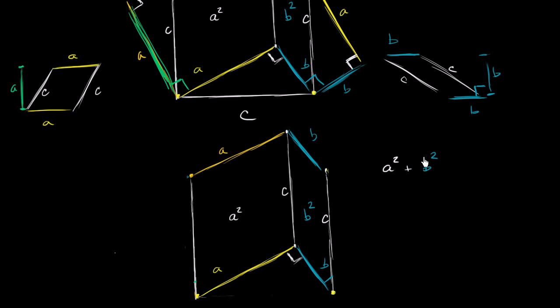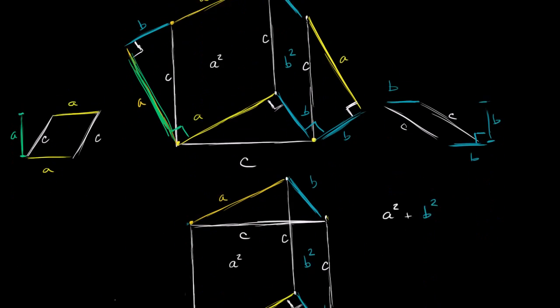Now, how can we maybe rearrange pieces of this shape so that we can express it in terms of C? Well, it might have jumped out at you when I drew this line right over here. We know that this part right over here is of length C. This comes from our original construction.